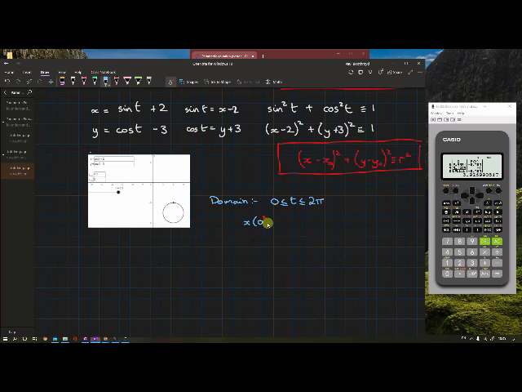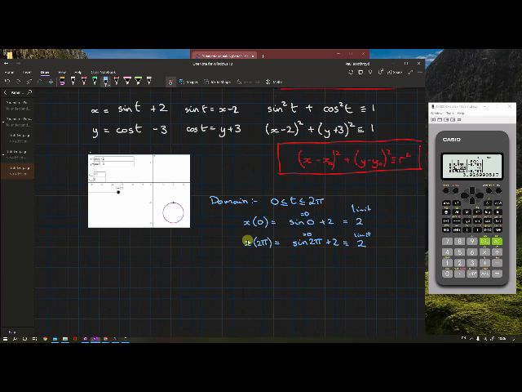So x at 0 gives me sine of 0 plus 2, which means I've got one limit point at 2, and that's included. If I do x as 2 pi, sine of 2 pi again is 0 plus 2 gives me a limit of 2.